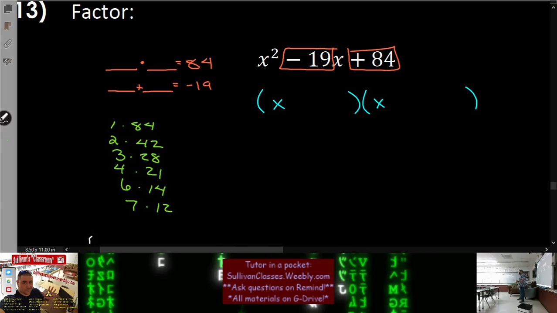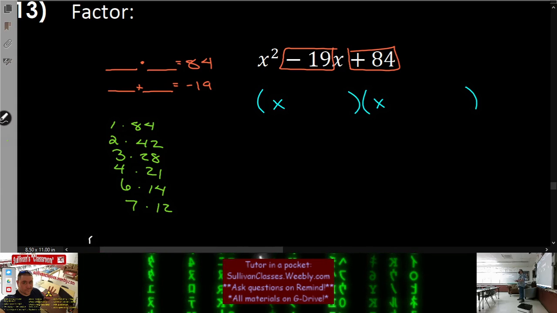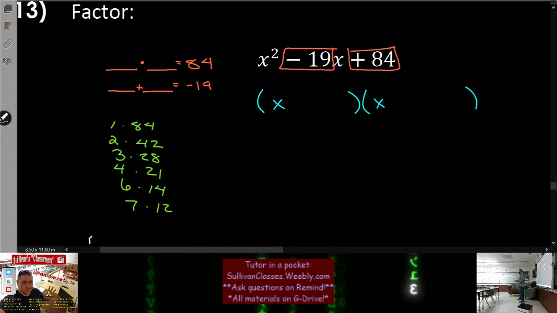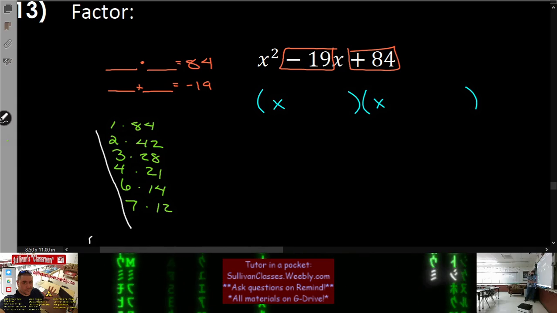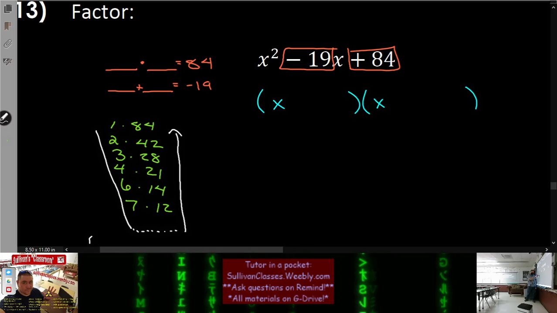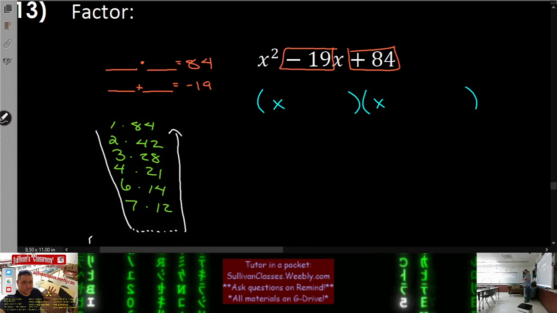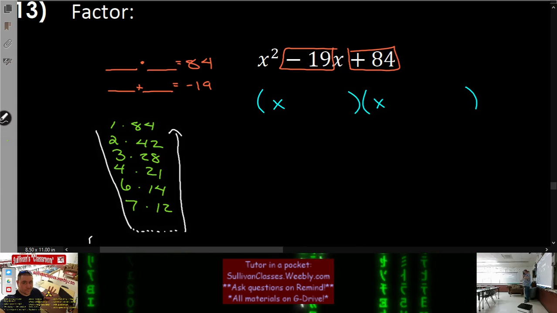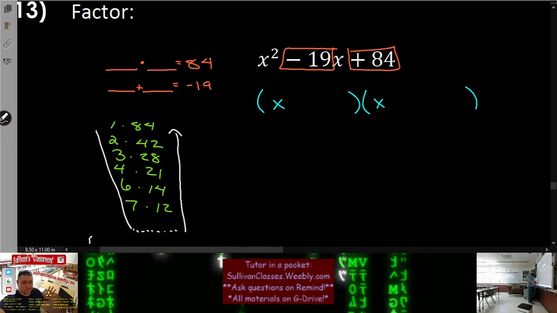Try 11. Nope. And then you try 12. Yes. But you see how we were headed down the number trail and then we hit 12? That tells me I found them all because I'm going to start repeating things now. But I'm guessing you don't want to be trying all the numbers in between.